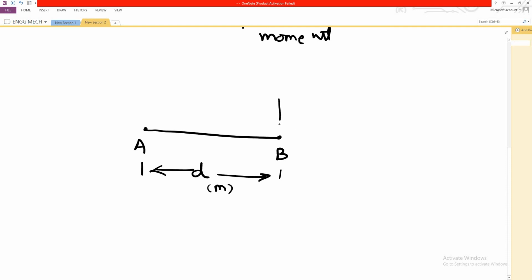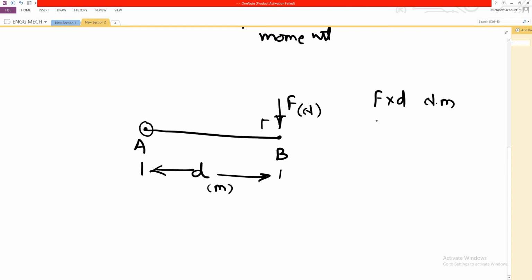Now let's say a force F is acting on point B, and the magnitude of force F is, let's say, a unit force of 1 Newton. The span AB is 1 meter. Now when some moment is getting created, because this force F is perpendicular to the span AB, and if we consider moment with respect to point A, then the amount of moment will be F into d Newton meter.